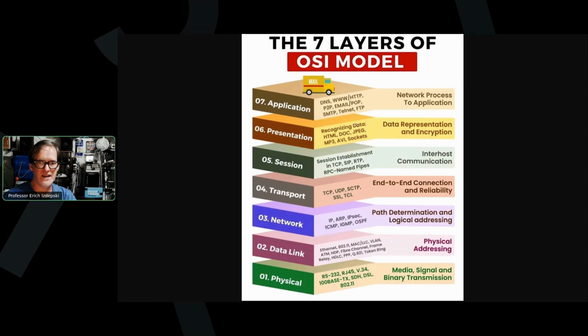Instead, the presentation layer recognizes the data through headers and such, and turns it into a picture that your browser can understand, or video or audio that your browser can understand. Then it is able to properly display it and show it to you, or play the music or play the video. That's what's going on at this layer.